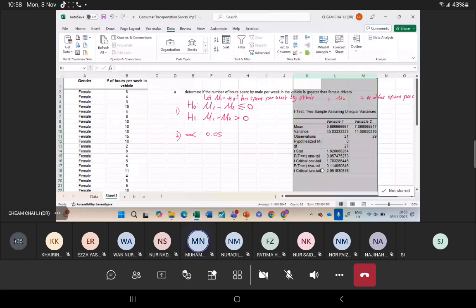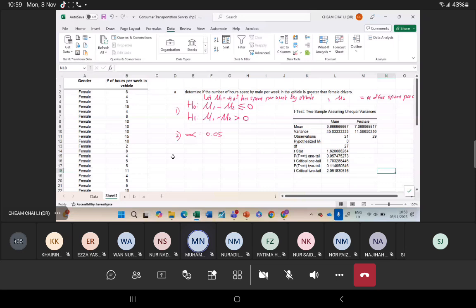Okay, what is variable 1? So variable 1, you boleh tulis lah. This is your mu 1, right? Atau this is based on the mu. And this is female. Okay, what you can see here, you need to check whether yours and mine are the same, yeah? So make sure observation untuk male adalah 21, untuk female is 29.